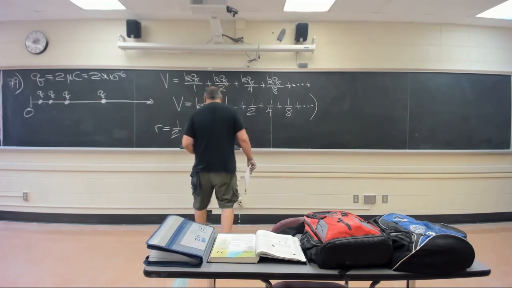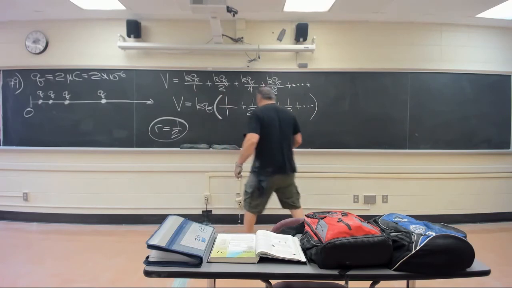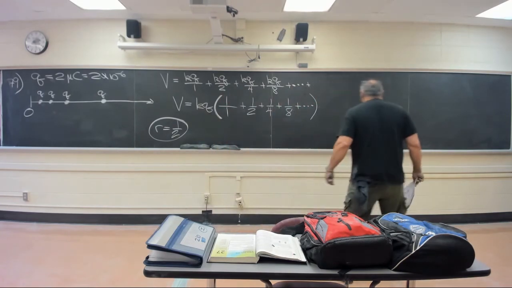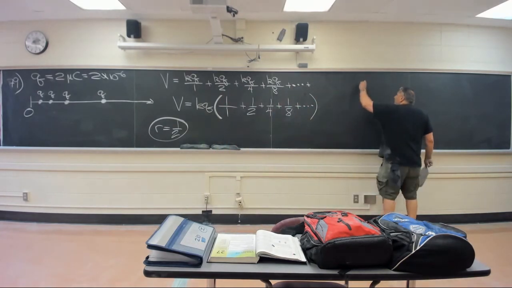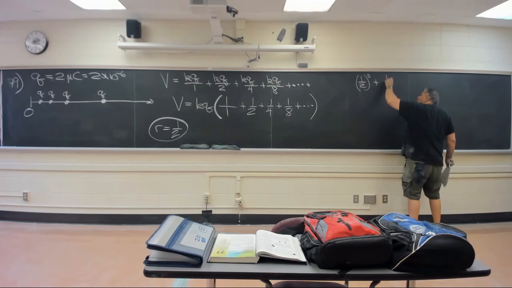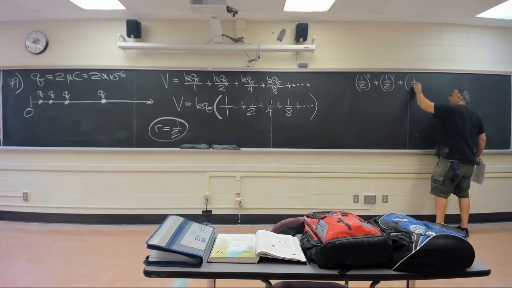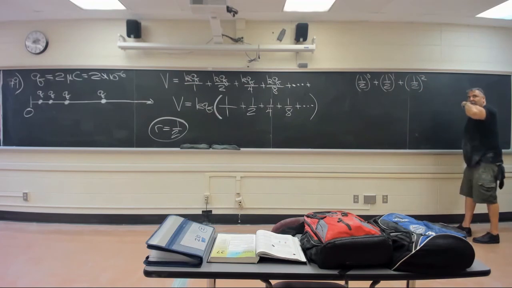What does that mean? Well, it means this. If R is a half, I've got a question for you. What's a half to the 0 power? What's a half to the 1 power? What's a half to the 2 power?